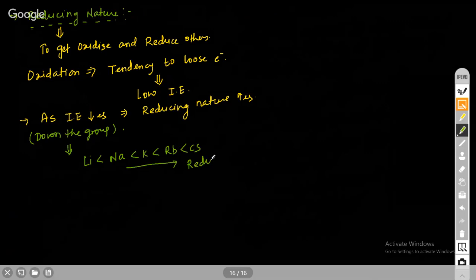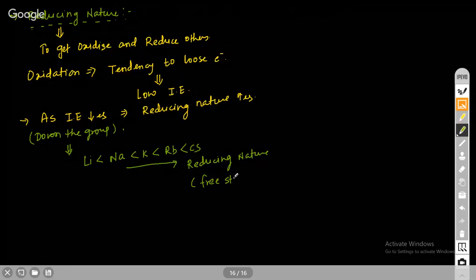But this order is there in free state or gaseous state. Because if you remember, this term ionization energy we define only when we have an isolated gaseous atom, right? So that's why this order is true in case of free state or gaseous state.